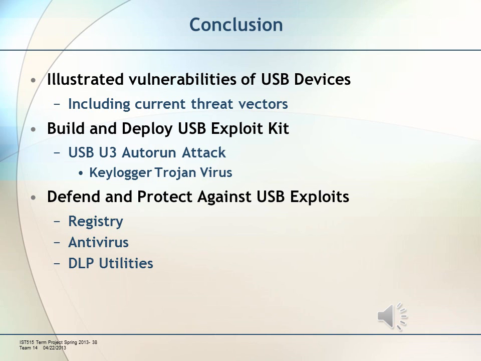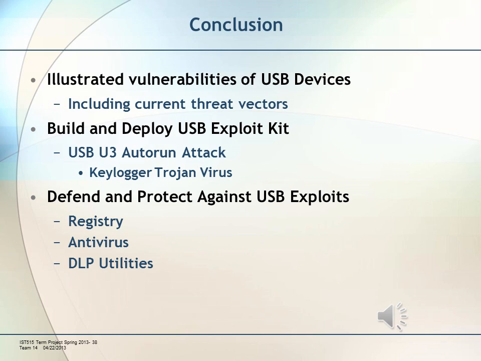So we here from Team 14 of IST 515 hope that you found this lab to be informative as well as practical, as we've illustrated the vulnerabilities associated with USB devices in the scenario that we provided today. In addition to demonstrating these vulnerabilities, we walked you through the creation of a malware keylogger and how you might be able to tweak it to suit your individual needs depending upon the style of attack you wish to perform on the host.